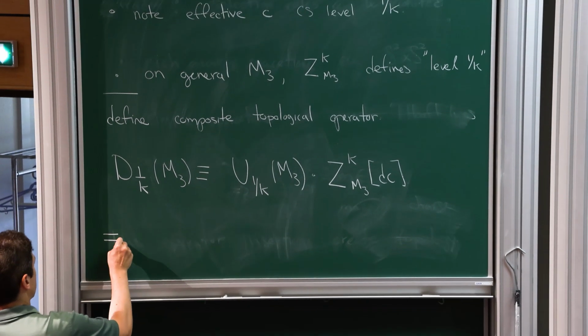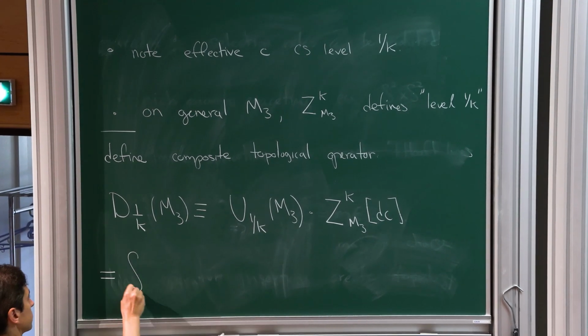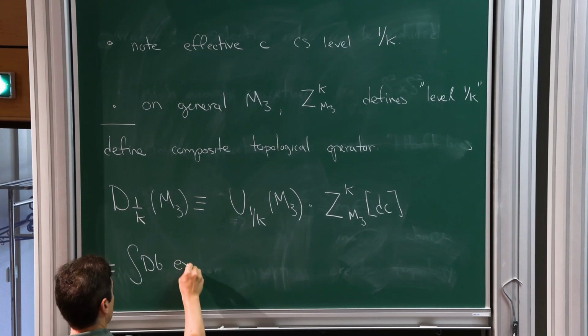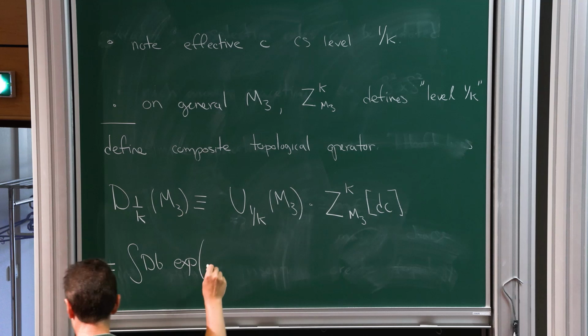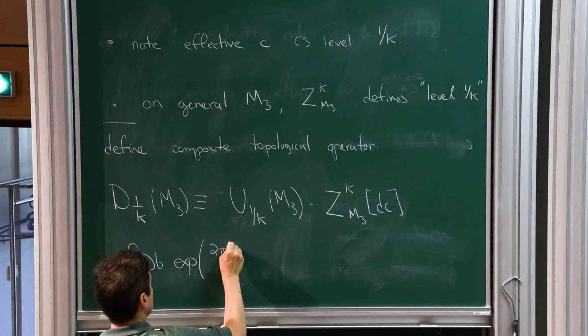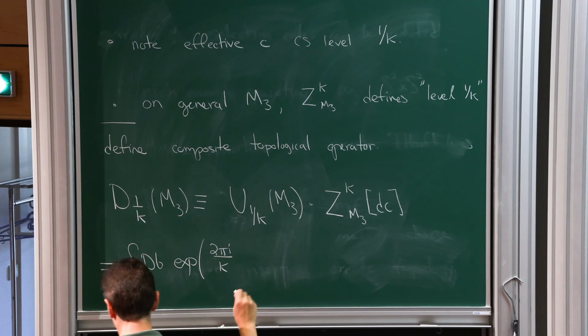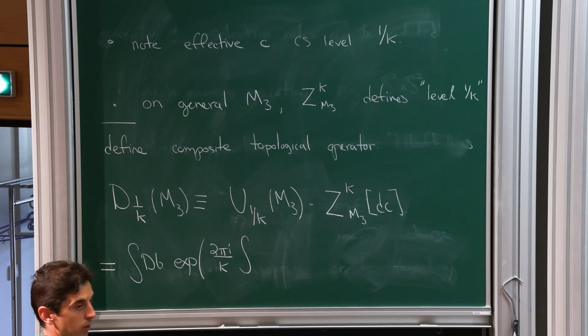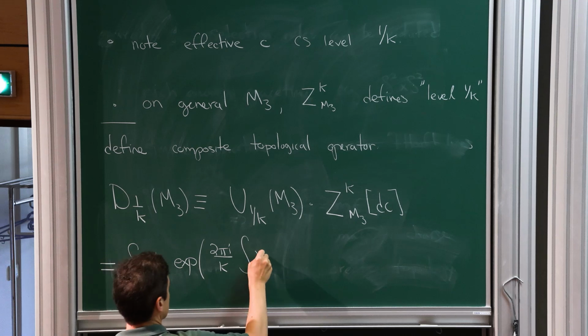We could say that it's a path integral, an integral dB of, okay, the first term is just we're rotating with alpha equals 1 over k, so we have integral star j.